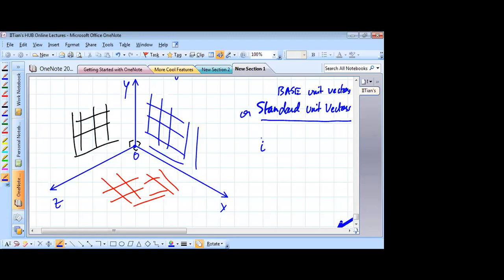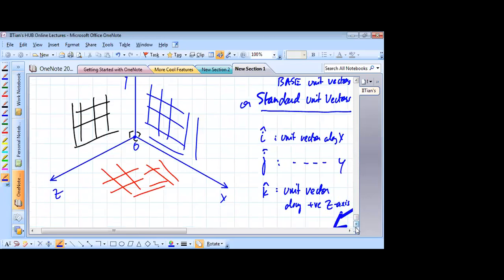So i cap and j cap are the same as they were before, but now we include a third one which is called k cap. This is a unit vector which is along the positive z axis.